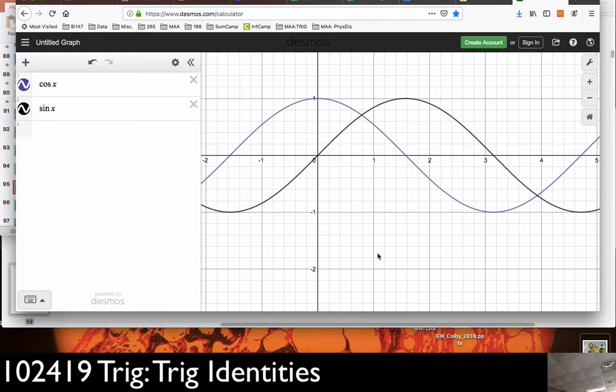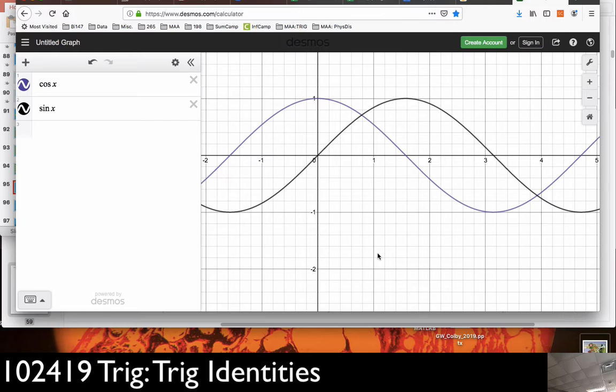We know x equals 0. Sine of 0 plus what equals minus 1? So this is negative pi over 2 right there.